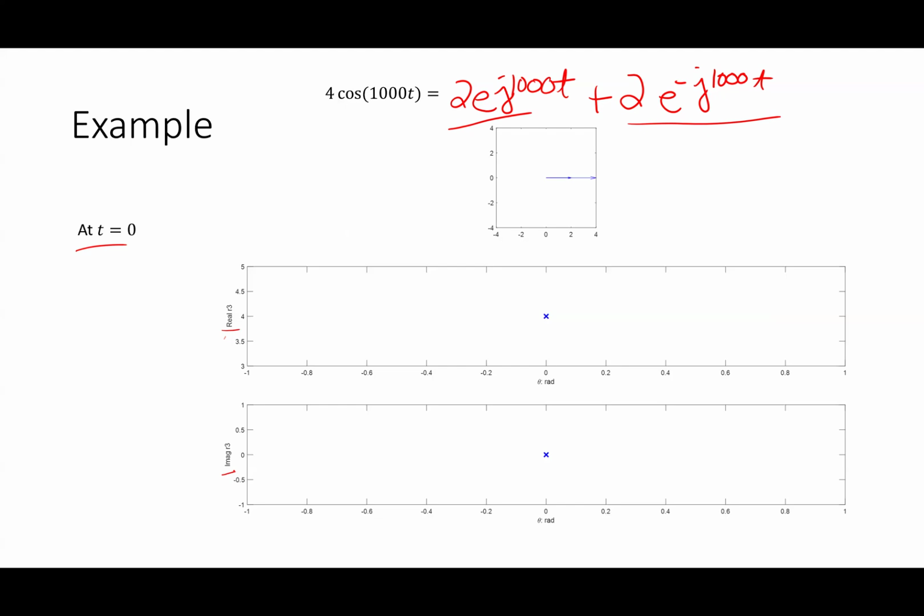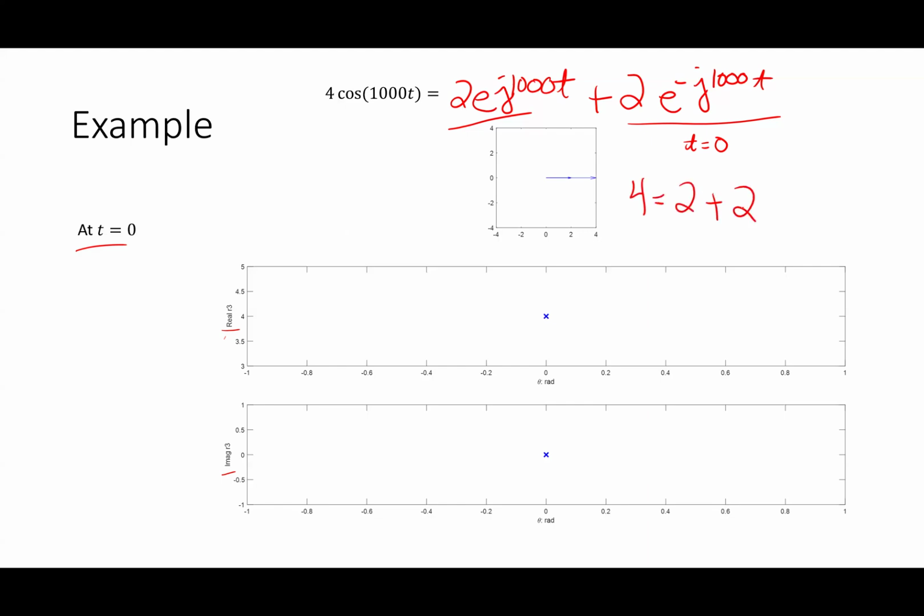So let's see, where do I see those vectors here? Well, 2e to the j 1000t, when t equals 0, what's true about both of these guys? What's true about 1000t and negative 1000t? Both equal to 0. So this guy basically is 4 equals 2 plus 2.